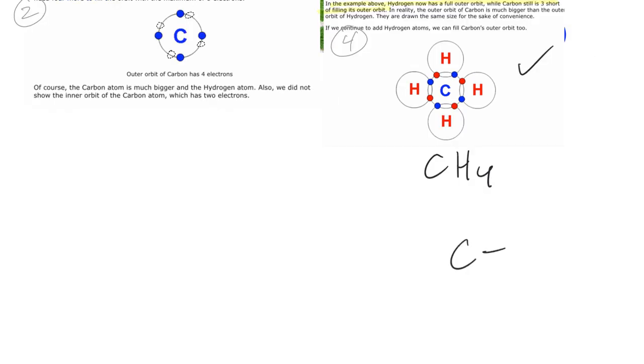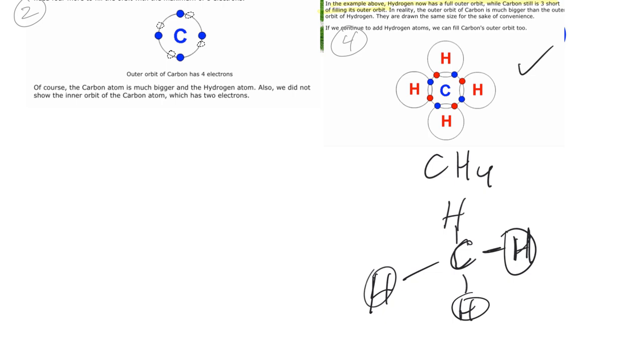So you can see that we've hooked 4 hydrogens up to 1 carbon. All the hydrogens are now stable, unreactive, with 2 electrons in the shared bond with carbon, and the carbon is stable with 8 electrons in its outer shell, and therefore unreactive.